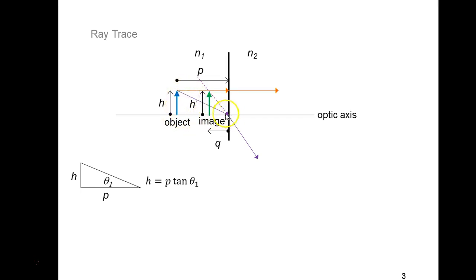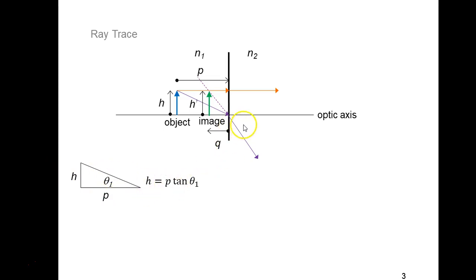You guys see that triangle? Here it is over here. So this side is H, this horizontal side is P, and I'm going to call the angle right here theta 1. Note that's the angle between the incident purple ray and the optic axis. Now, the tangent of theta 1, opposite over adjacent, is H over P. So H is P tangent theta 1.